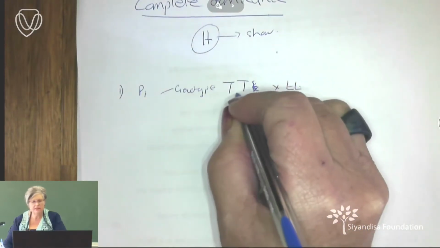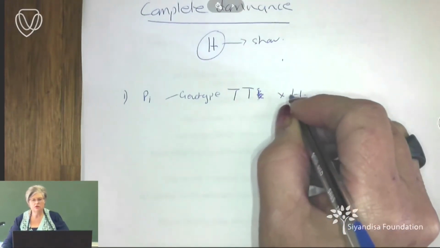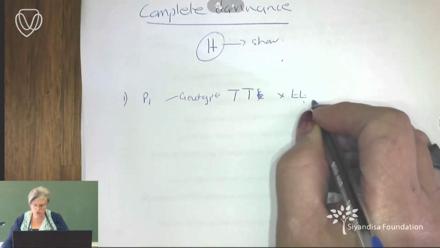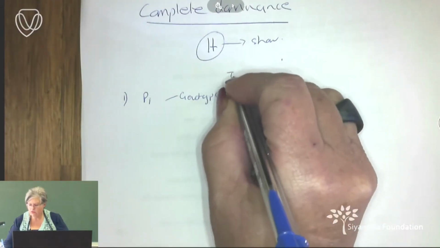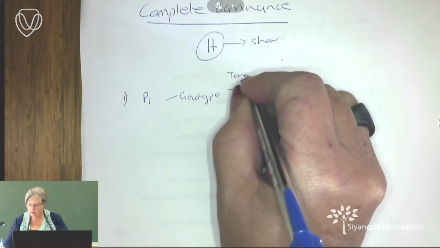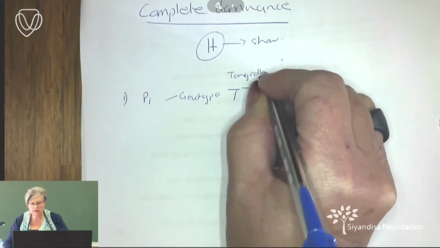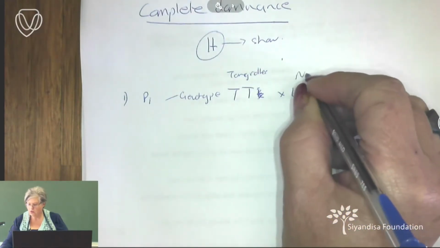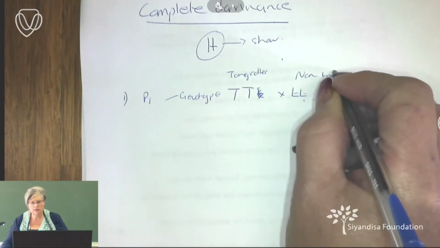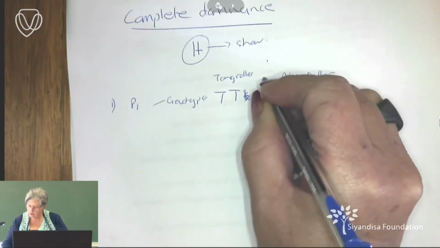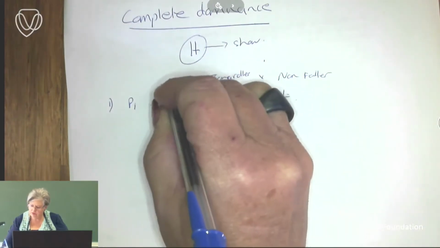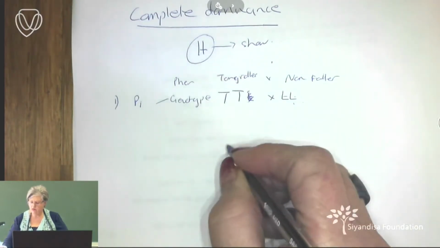So I have big T big T cross small t small t. Let's say this T stands for tongue roller, that you can roll your tongue into a circle, and small t is non-tongue roller. So that was the phenotype, and this is the genotype.